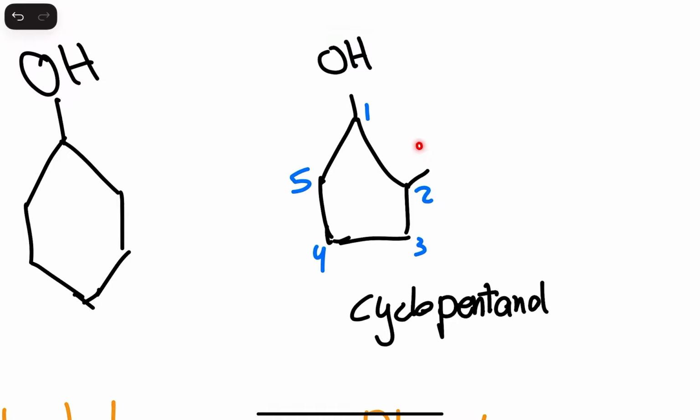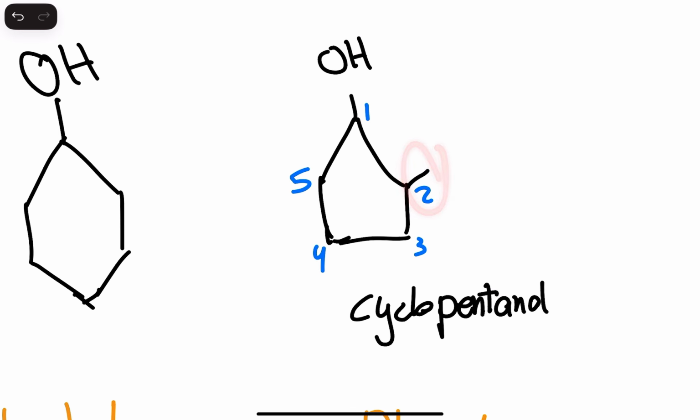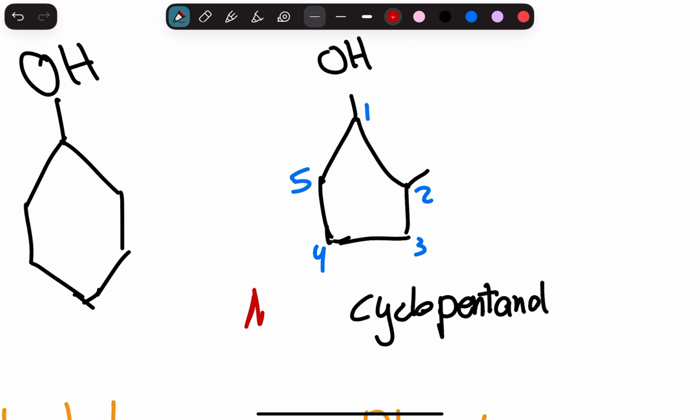So our substituent would be on the second carbon and it is an alkyl group. So we will count how many carbon atoms there are here. We only see one carbon here, so that would be a meth. So it would be methyl, and it's on the second carbon atom. So this name would be 2-methylcyclopentanol.